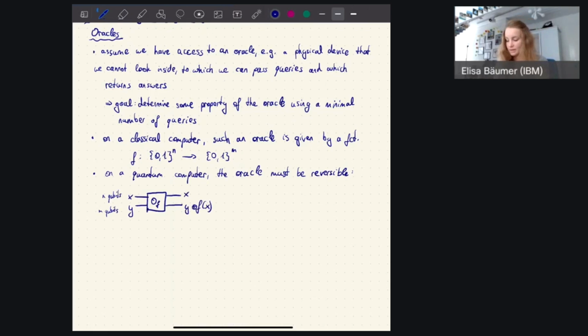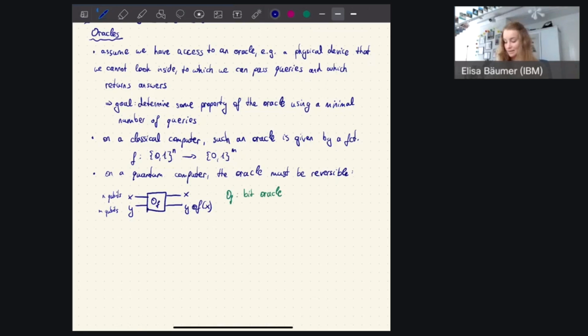That way we can construct any given function f to be reversible, because, as you saw yesterday when we looked at the CNOT gate, we get the output y plus f of x. In that case, y was just 0, so that we could just get f of x as an output. But then we also had to output an extra output x, the x again, so that the whole thing is reversible and we can reconstruct the inputs. The same now works here: the oracle has to be reversible, and O_f is what we call a bit oracle.